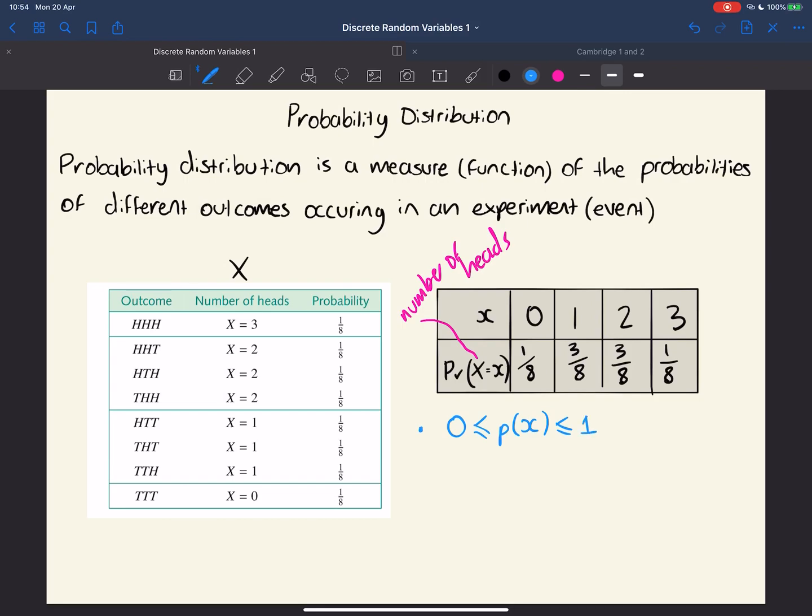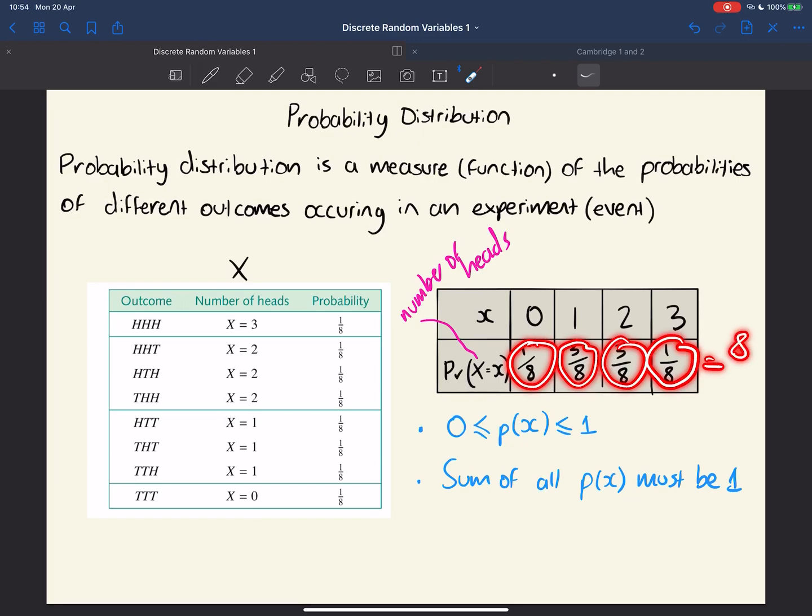So each probability must be between 0 and 1. And then the sum of all these probabilities must be 1. So essentially, if I add 1/8 to 3/8 to 3/8 to 1/8, I will get 8/8, which is just 1 whole. That's the rule with probability distribution.